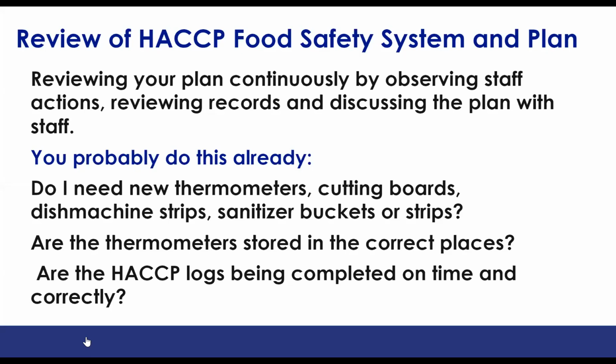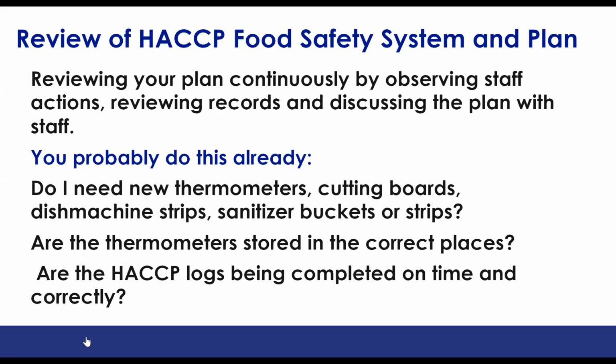So some of the things that you need to think about is, do I need new thermometers? Do I need new cutting boards? What shape are the cutting boards in? The plastic ones do last a long time, but once they start to get marked up or stained, or they have black stains of mold on them, we want to replace them. Do you have the dish machine temperature strips? Do you have sanitizer buckets or the sanitizer strips?